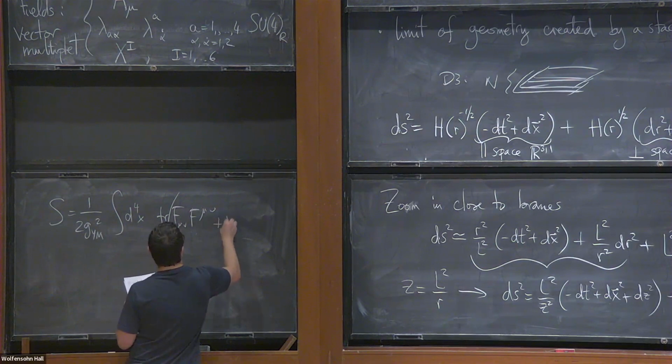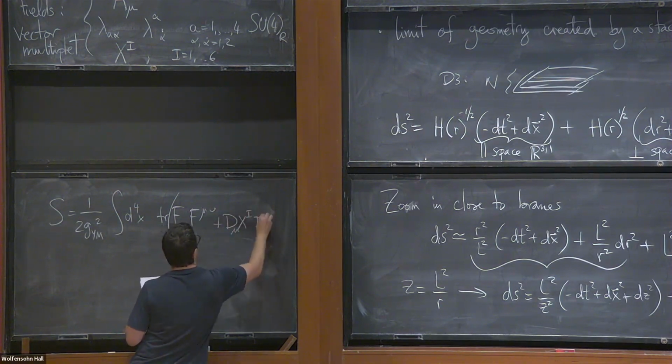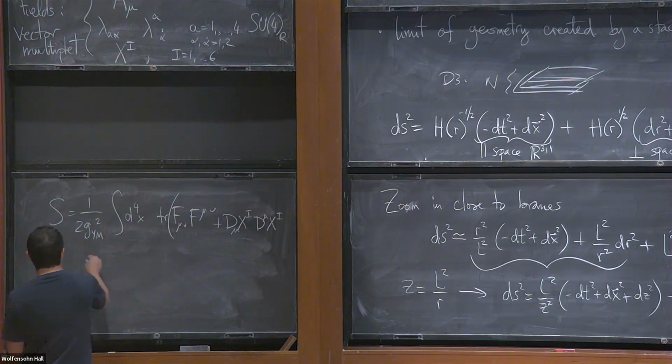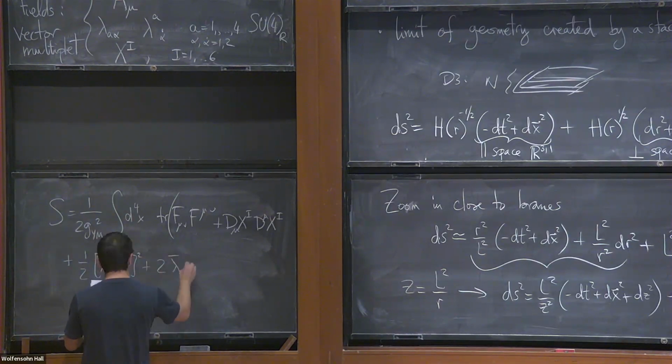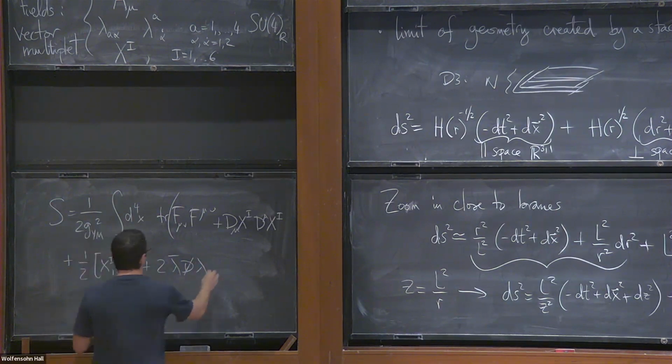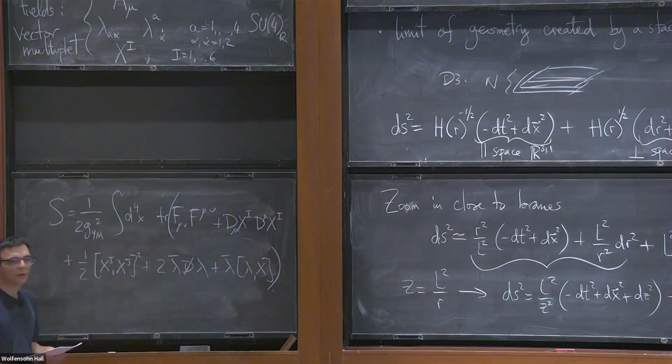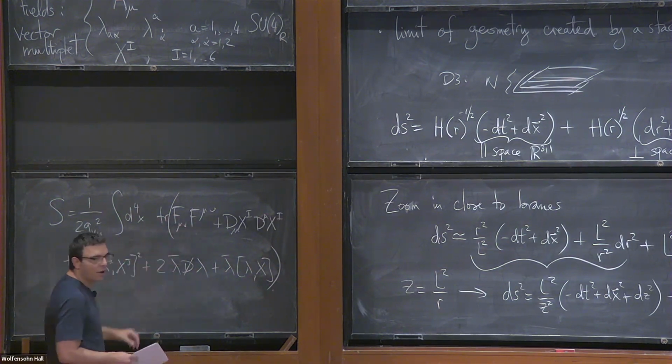So there's a kinetic term for the scalars, D_mu X, D^mu X. By the way, the scalars and the fermions also transform in the adjoint of the gauge group SU(N). Then there's a potential for the scalars, [X^I, X^J] squared. There's a kinetic term for the fermions. I'm just going to write it schematically. And there's also Yukawa couplings. Whatever this action is, it is determined uniquely by having this amount of supersymmetry. So one can derive it just based on that. Write down the first term, and then the rest are required by supersymmetry.